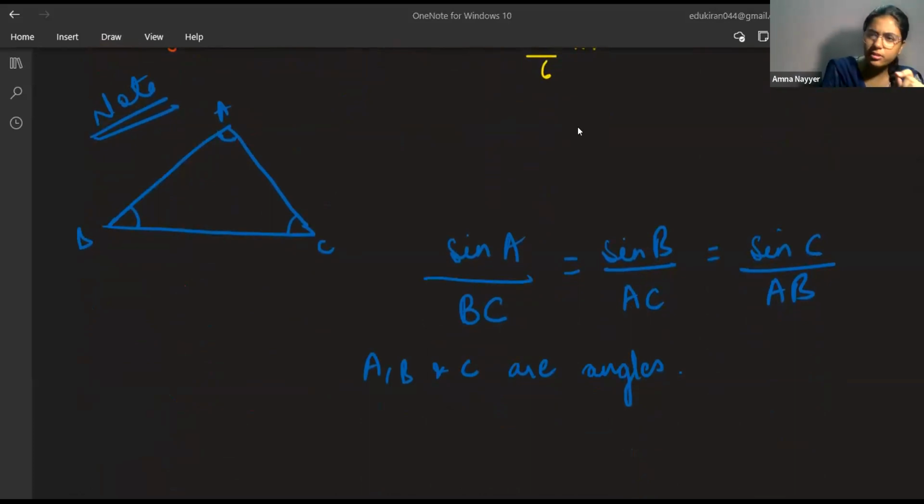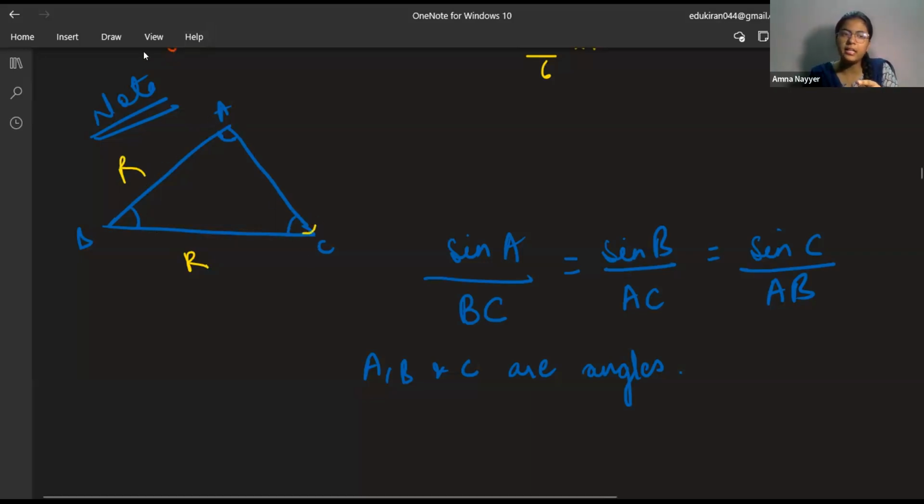For an isosceles triangle, the best method to calculate the unknown side is this. Suppose this is ABC, this side is R, this side is R, this is unknown. So sine of A divided by the opposite side, that is BC, is equal to sine of B divided by the opposite side, AC, is equal to sine of C divided by AB.